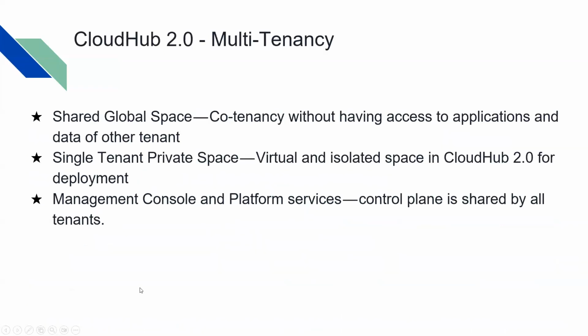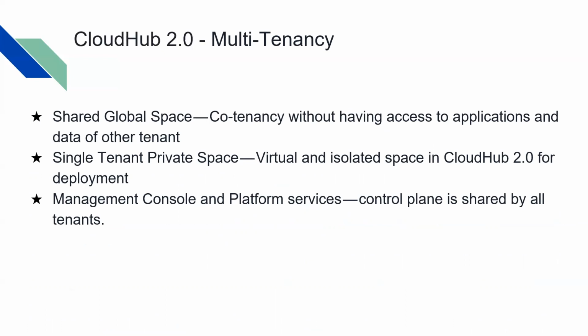Now, these are the three types of multi-tenancy possible in CloudHub 2.0. One is the shared space, where if you deploy your code, it will be co-tenant with other tenants. So there will be co-tenancy, but it will still be isolated.